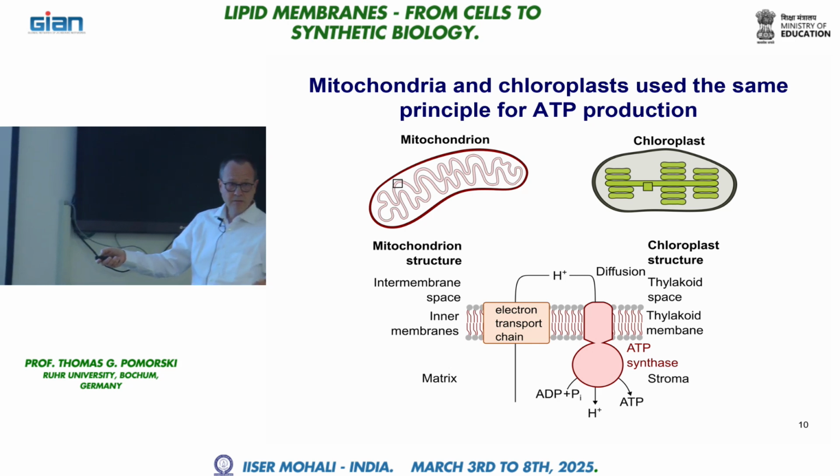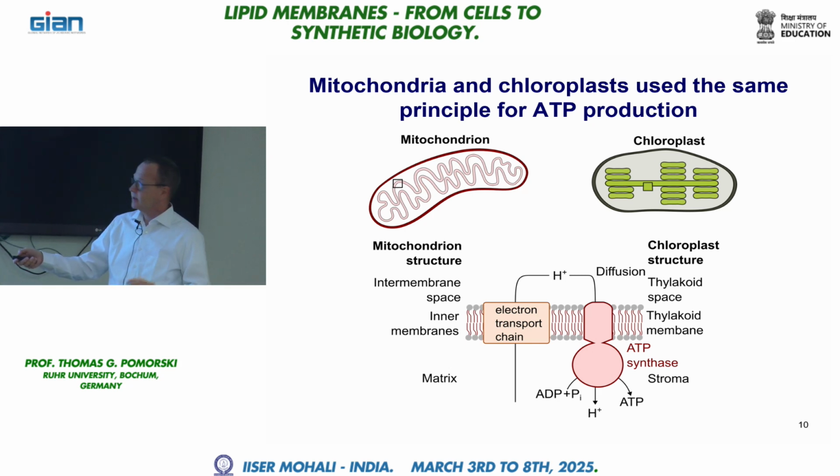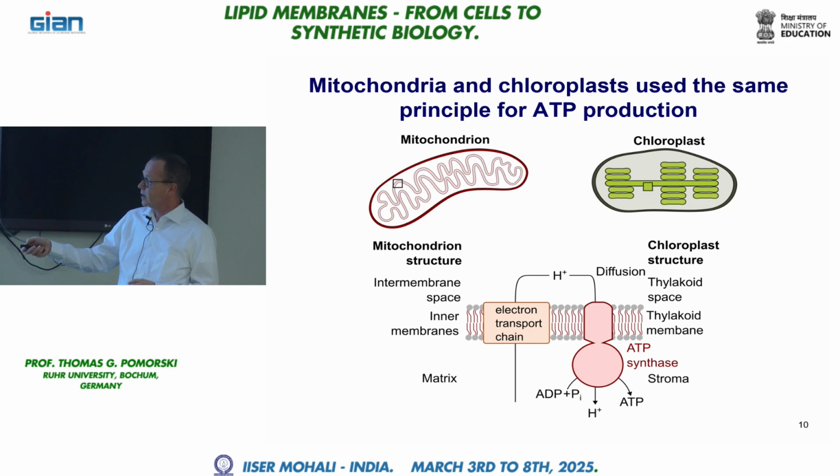The bacteria, the plants, the animals, they all use a membrane bilayer in which a proton pump, a protein or protein complex, is embedded that can use electrons to pump protons across the membrane.